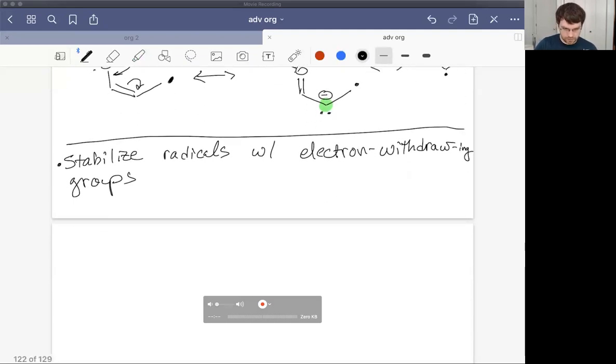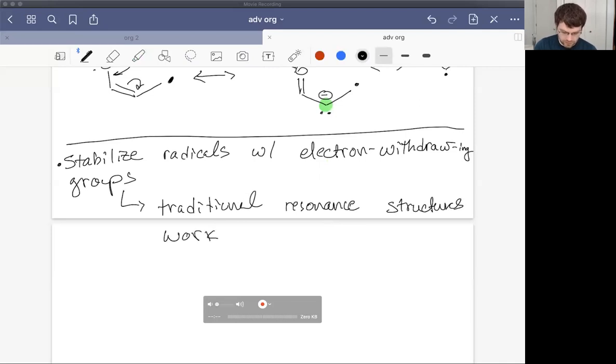So if we have electron withdrawing groups, we can actually soak up the electrons using a traditional resonance structure. So traditional resonance structures work, but we need to use fishhook arrows. This is kind of cool because it allows us to stabilize free radicals, which are electron deficient centers, using electron withdrawing groups.